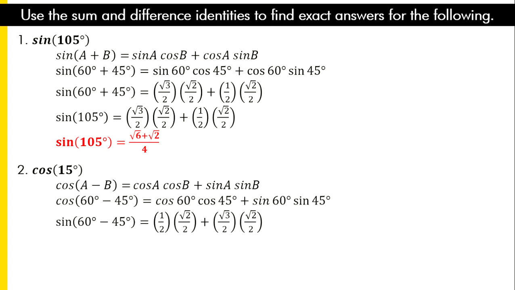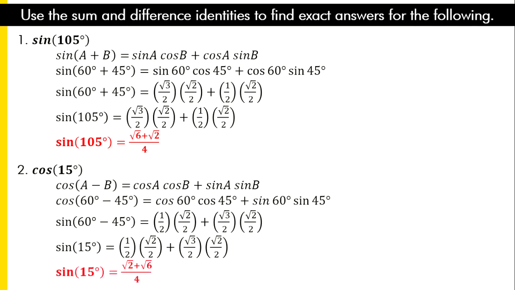Cosine 45 degrees is the square root of 2 over 2. The square root of 3 over 2 is the sine of 60 degrees. And sine 45 degrees is the square root of 2 over 2. Then with the same procedure, multiplying this we obtain square root of 2 over 4 plus square root of 6 over 4, or simply the square root of 2 plus the square root of 6 all over 4.